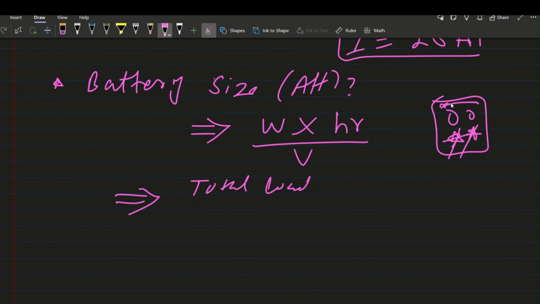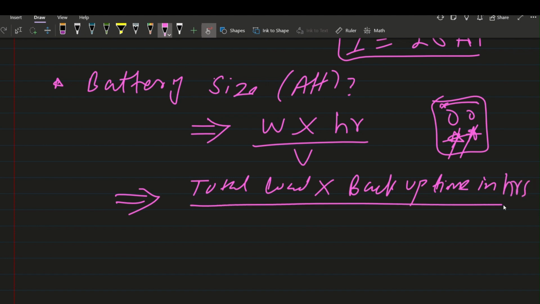All appliances, the total load, multiplied by backup time, which is always in hours, then divided by V battery, the battery voltage.